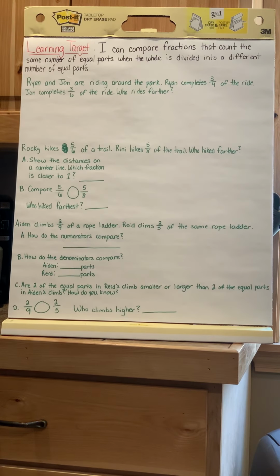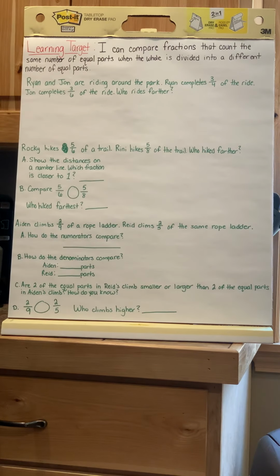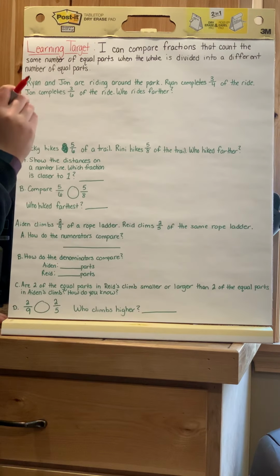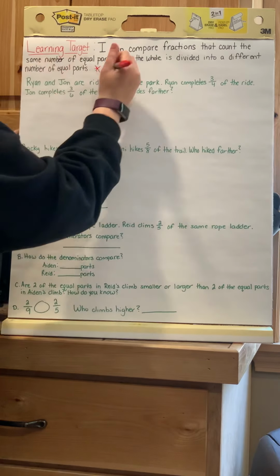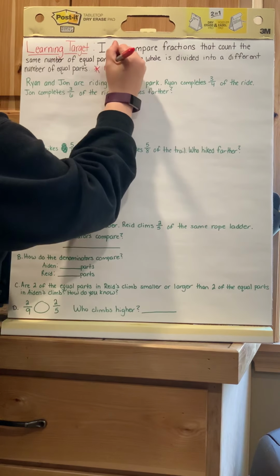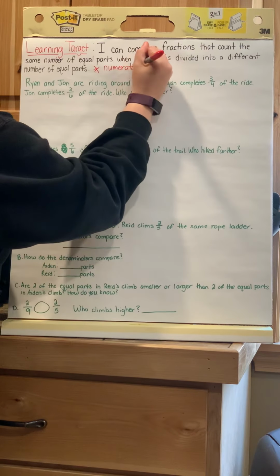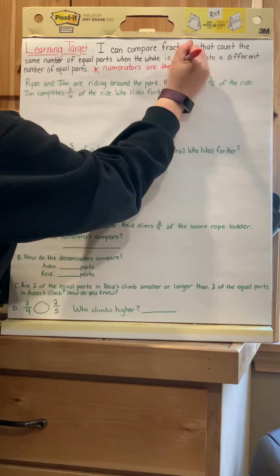So let's just think about this for a second. Same number of equal parts, but the whole is divided into a different number of equal parts. Remember, when a fraction has the same number of equal parts, that means the numerators are the same.